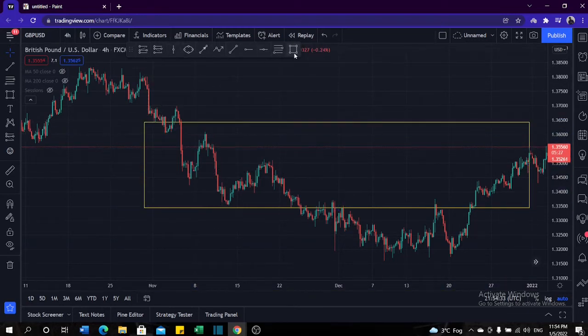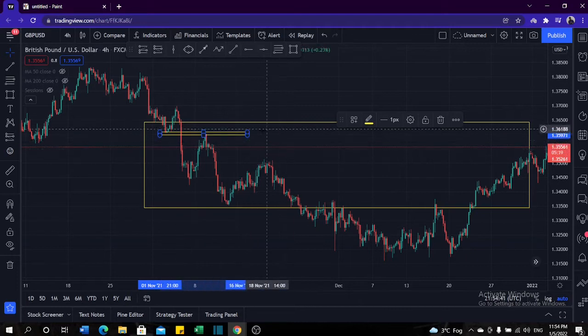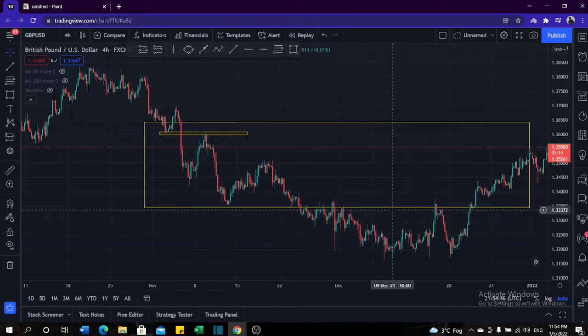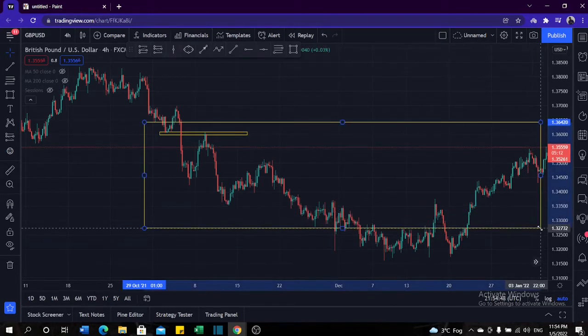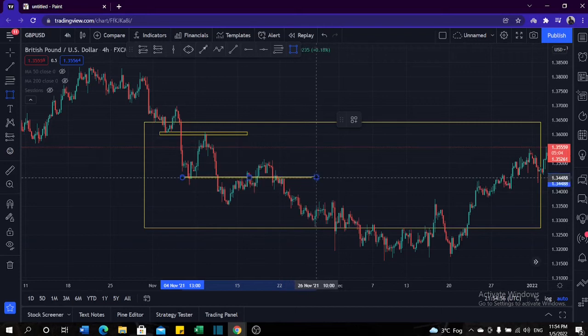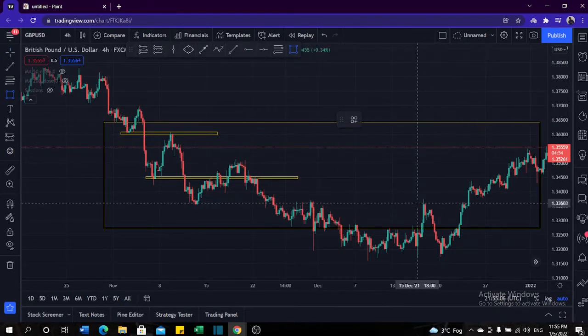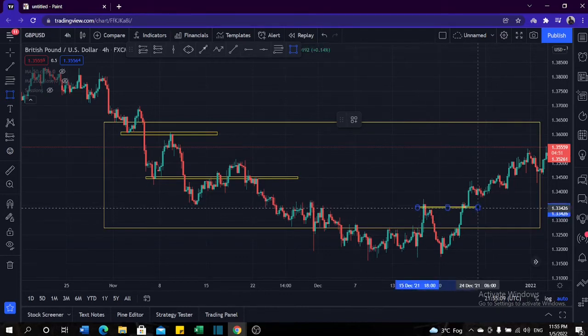Let me start by drawing my first psychological level, where it acted as support or resistance for a while at these two points. My second level is going to be this one. Another level I can look at is going to be this one.